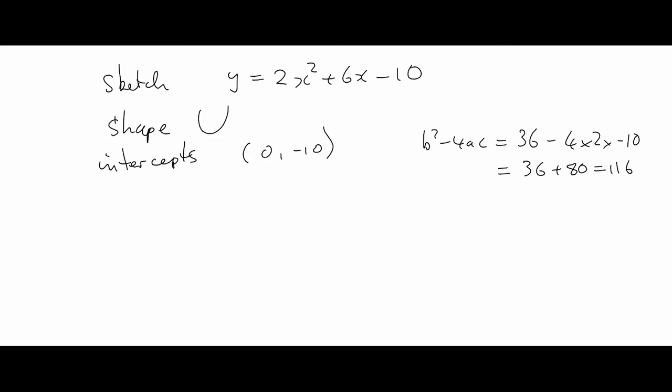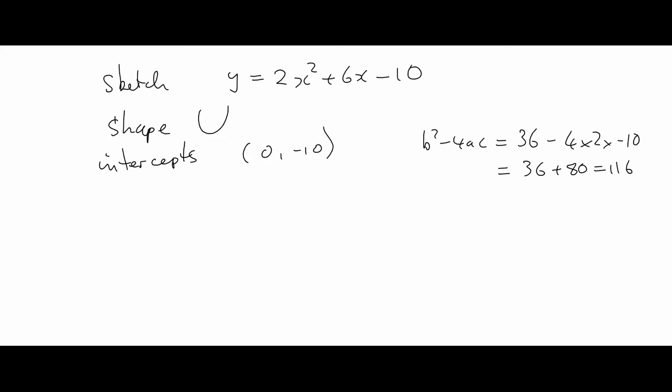So this discriminant is positive, and so it does have solutions. And we could find out what they are in decimal places, and we could put those on the graph, and then we will know where the curve is.